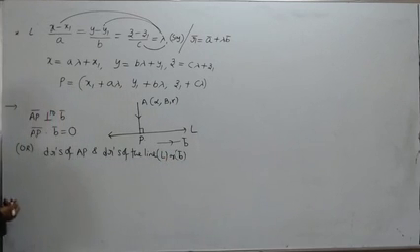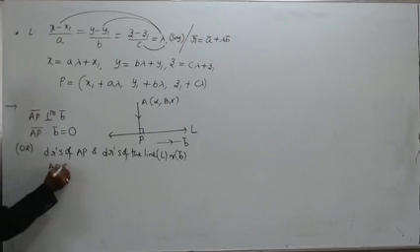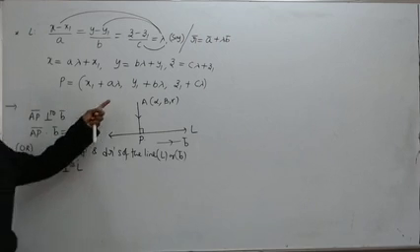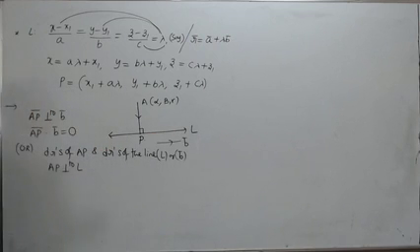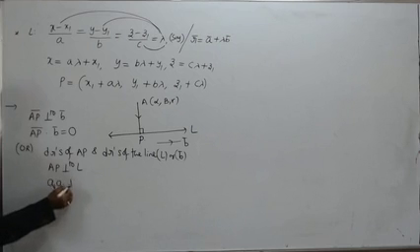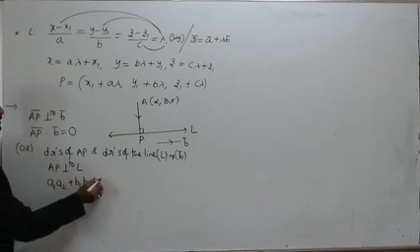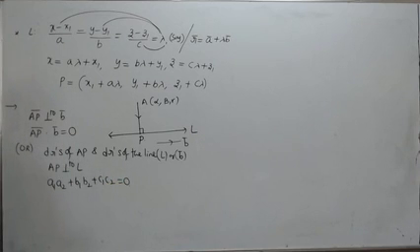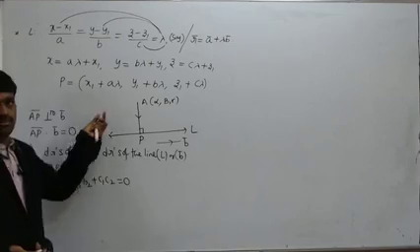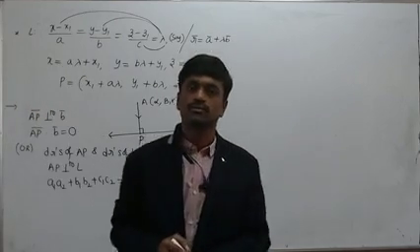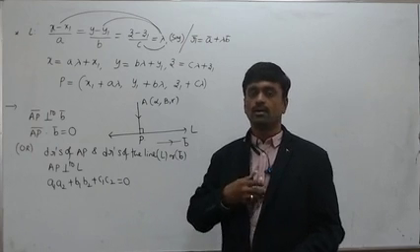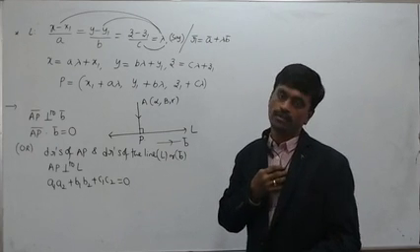Then as the line AP is perpendicular to the given line L, using the perpendicular condition, a1 a2 plus b1 b2 plus c1 c2 is equal to 0, you will get the lambda value. Substitute that lambda value in the coordinates of P, and you will get the coordinates of P. So this is the method to find the foot of the perpendicular drawn from a fixed point to the given line.